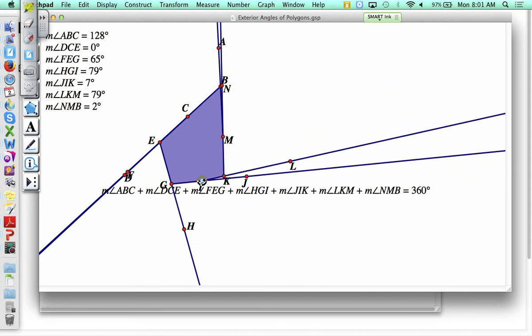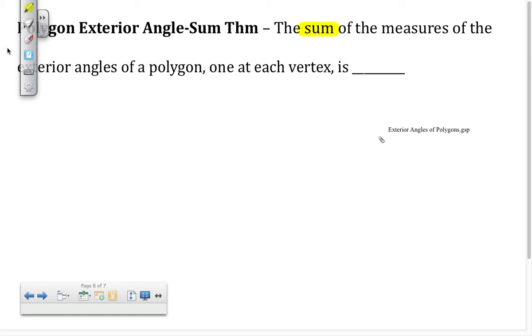And if I collapse it some more, okay, well, it's not letting me collapse it any further than that. But what I want you to observe is no matter how many sides I collapse it down to, that sum of the exterior angles is always 360.